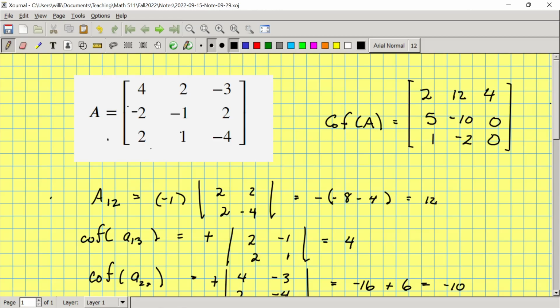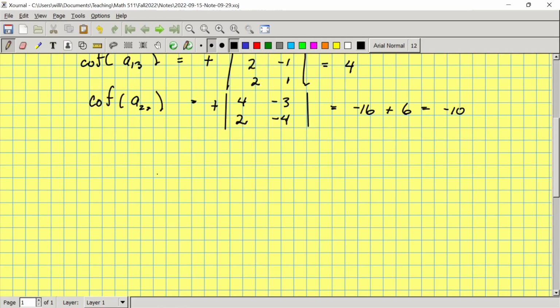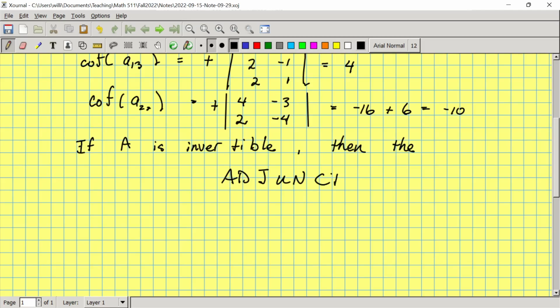Why would you care about the cofactor matrix? Because it turns out that if A is invertible, meaning it's square and its determinant is not equal to 0, then the adjunct, in some textbooks this is called an adjoint.